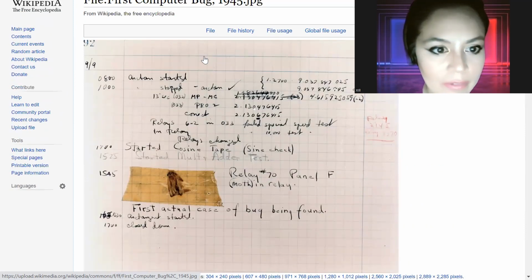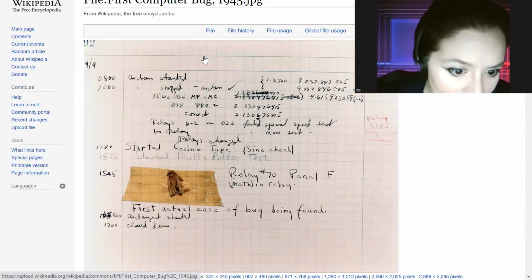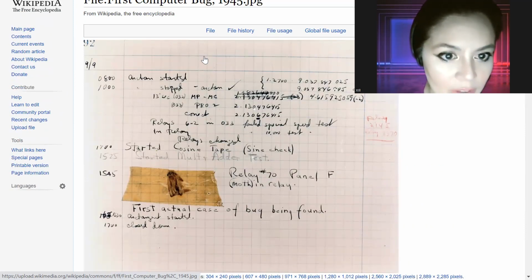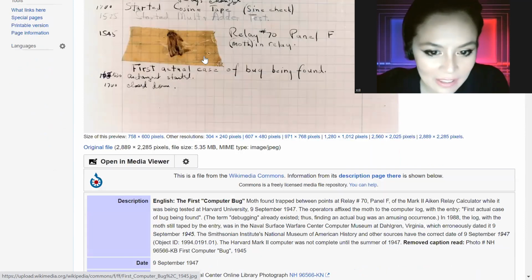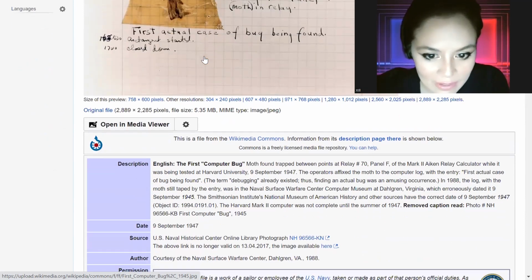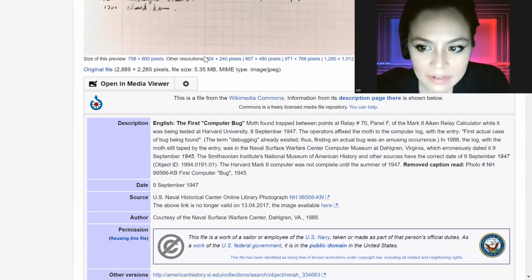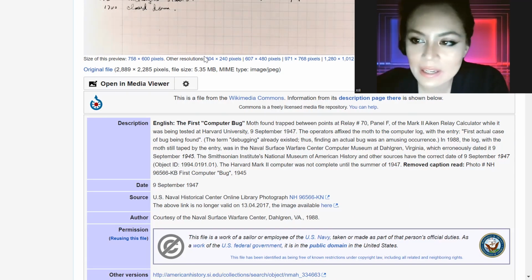Speed test. Arctangent. That's it. Okay, cool. So, I guess that's where they coined the term of computer being bugged if it wasn't working correctly.